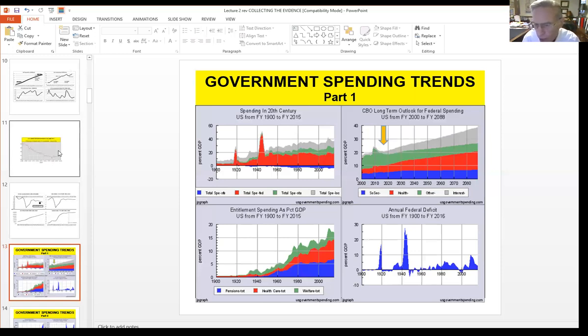And you can see that the Congressional Budget Office has given us some projections for Social Security, health care, interest expense on the debt, and other federal expenditures. And you can see that the projection is for substantial increases. And where are the increases the greatest? Read the chart, please. Healthcare and interest on the debt.